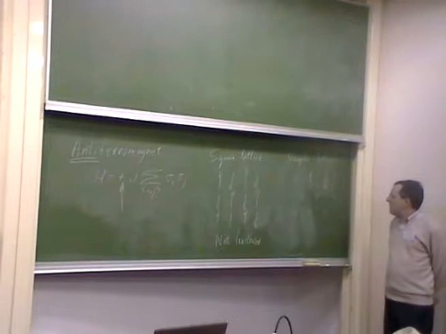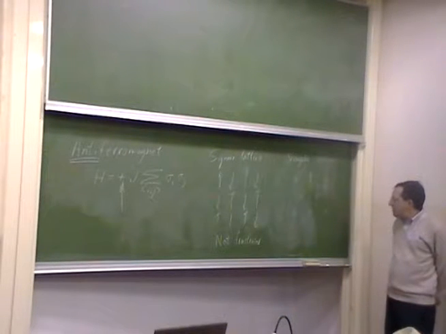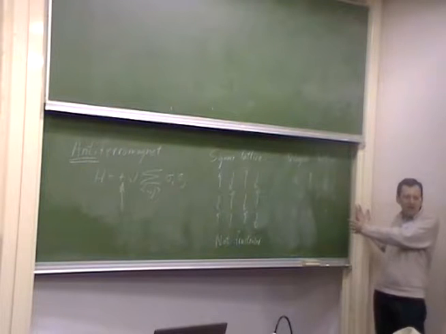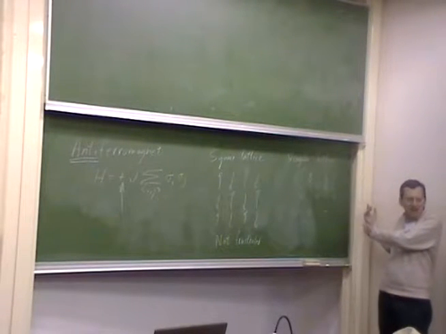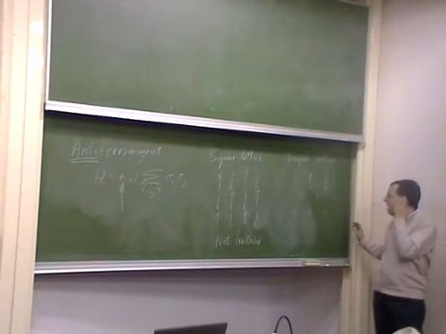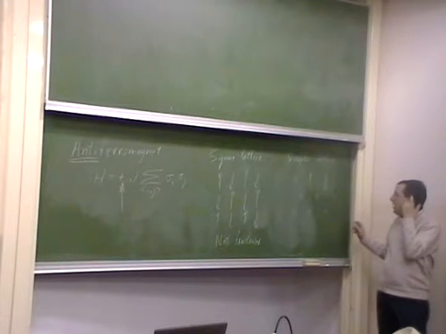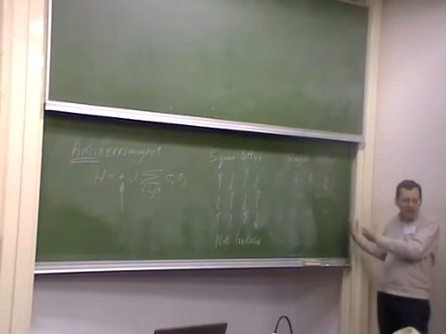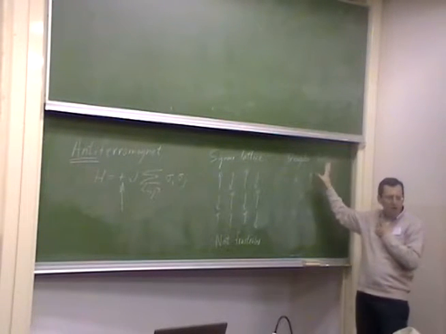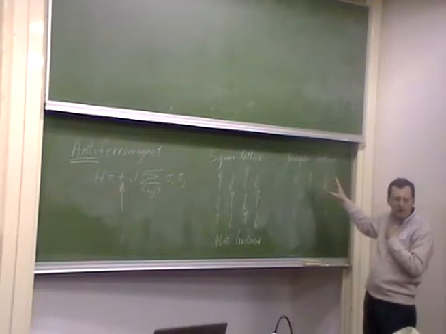And so this system does have a global ground state, some state that is the minimum of the Hamiltonian, but it's a more complicated state, which is not the local minimum for all the different pairs of spins.